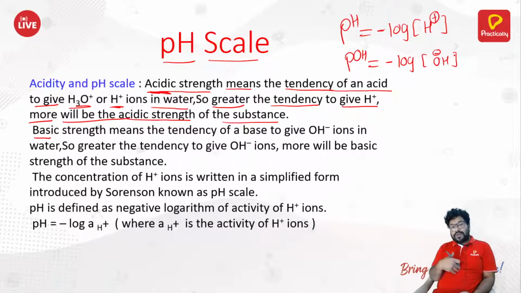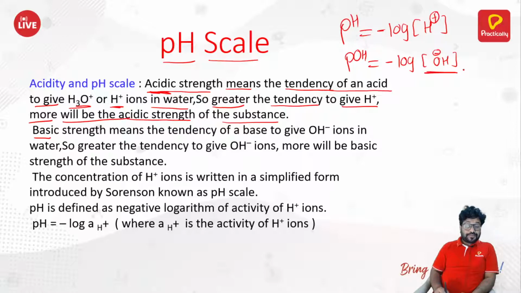So if you know the pH, you can find the pOH, and similarly if you know the pOH, you can find the pH. But sometimes there might be cases where you need to find them individually. In that case, this is the formula you can use: pOH is the negative logarithm of the OH minus ion concentration, and pH is the negative logarithm of the H plus ion concentration.